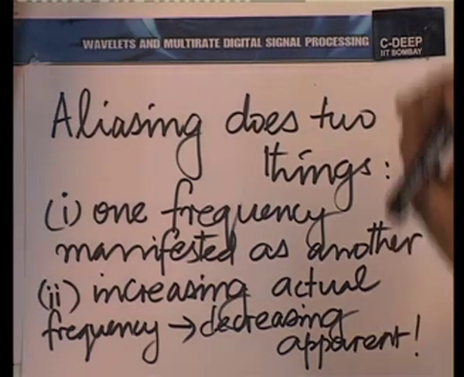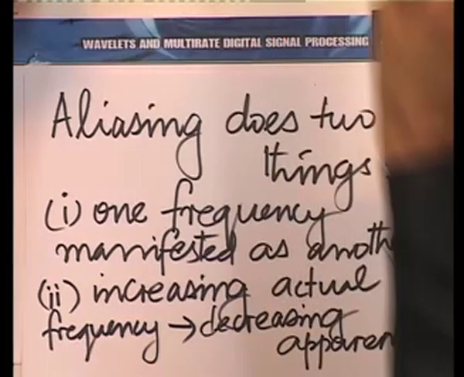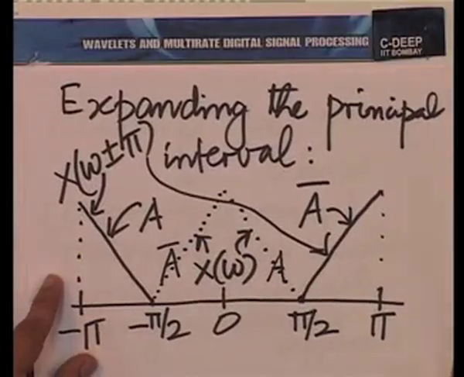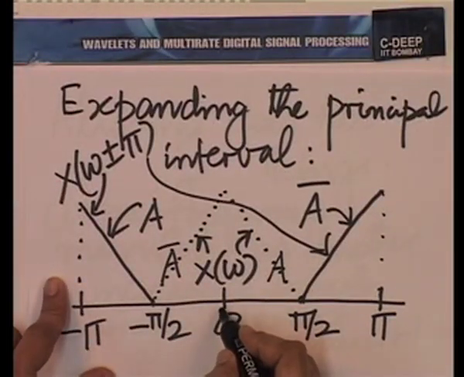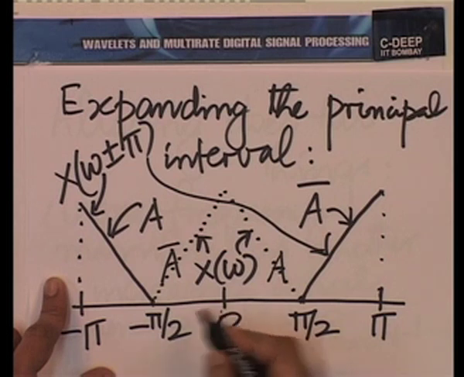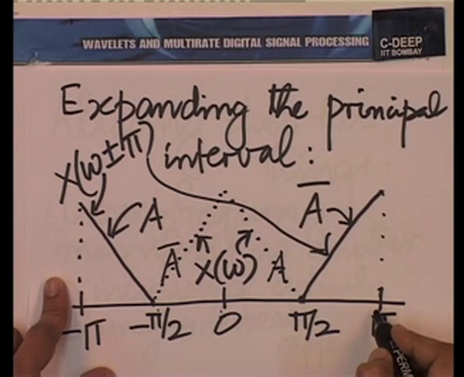So, in fact, just to emphasize, let me put back before you and stress this point. As you increase the frequency from 0 to pi by 2 here, the frequency appears to decrease from pi to pi by 2 there.